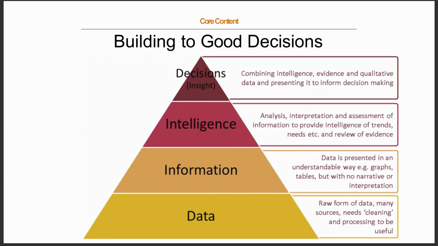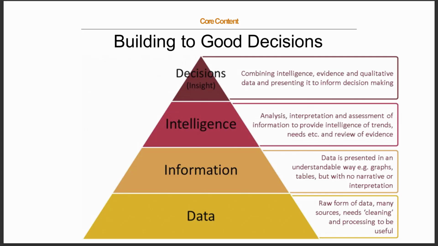So we present it in different ways, maybe graphs, tables, but it doesn't necessarily have a narrative or an interpretation yet. It's just the presentation of the data. Then we have intelligence. This is where we now analyze and interpret that information.